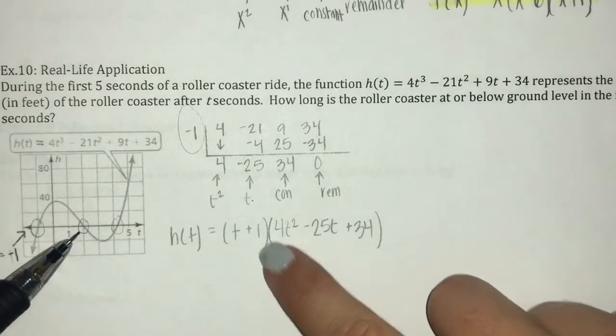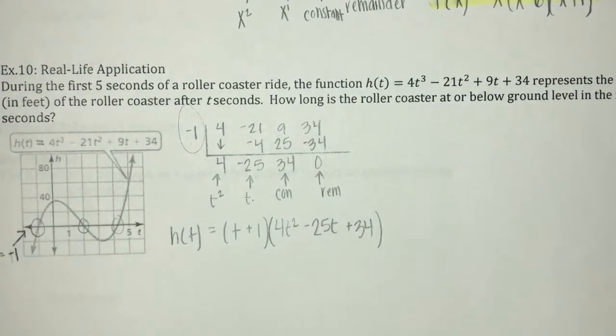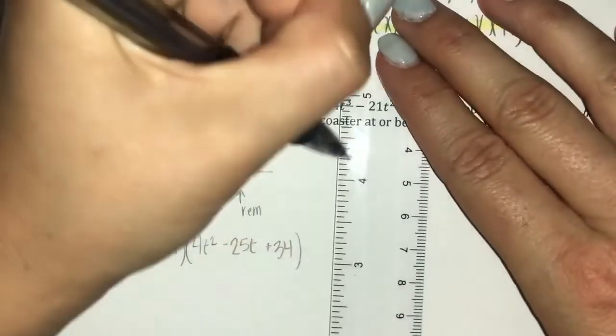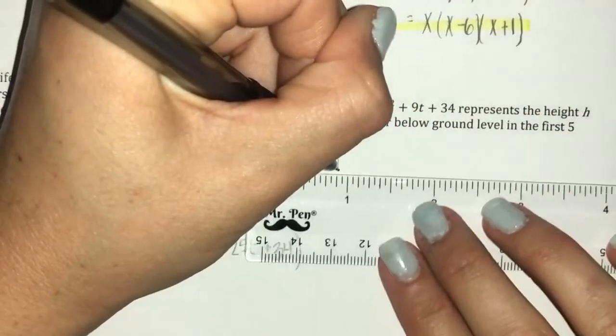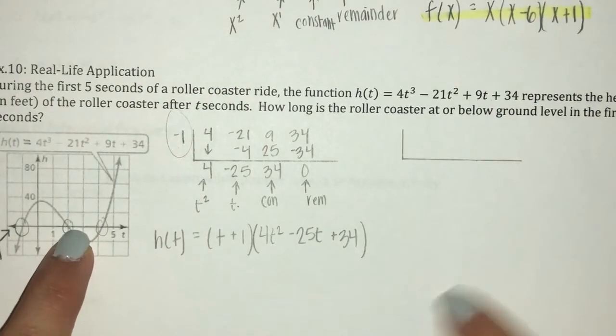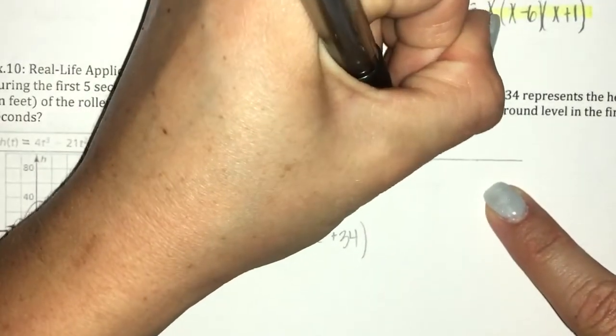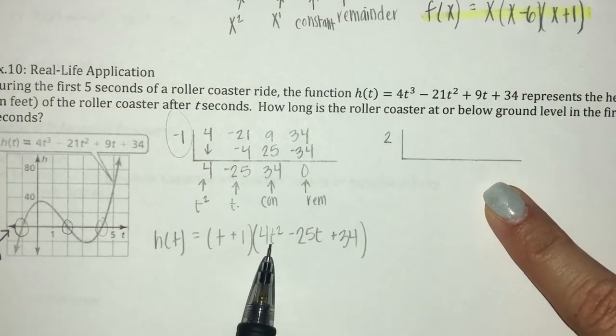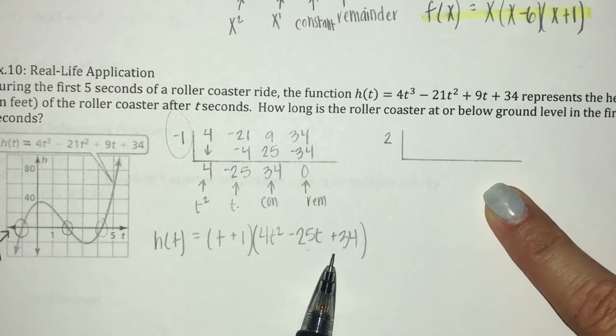So we can factor this, just the 4t squared minus 25t plus 34, with that same method. So now, if I'm checking the solution of 2, from this intercept, my new k value is 2. So I'm going to do another synthetic division that goes in the upper left. And now I'm just using synthetic for the 4t squared minus 25t plus 34.